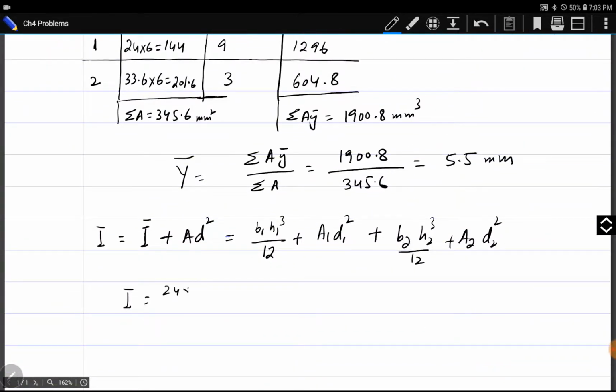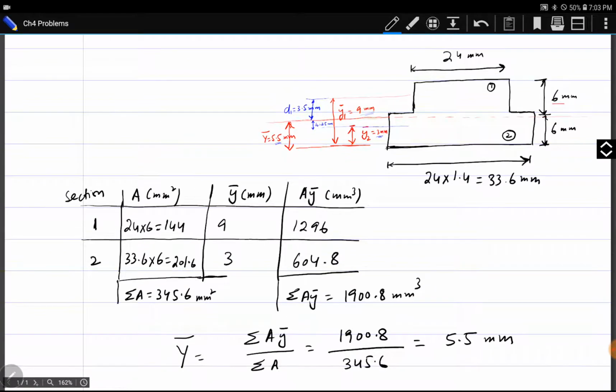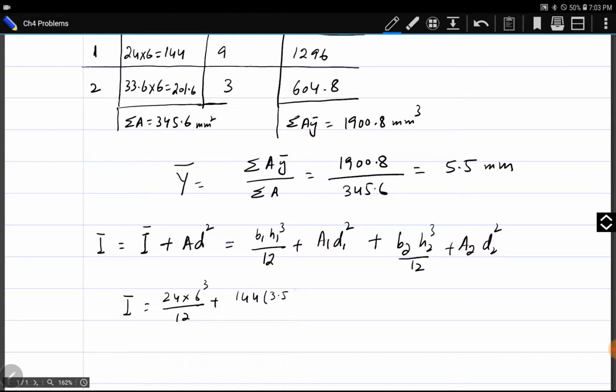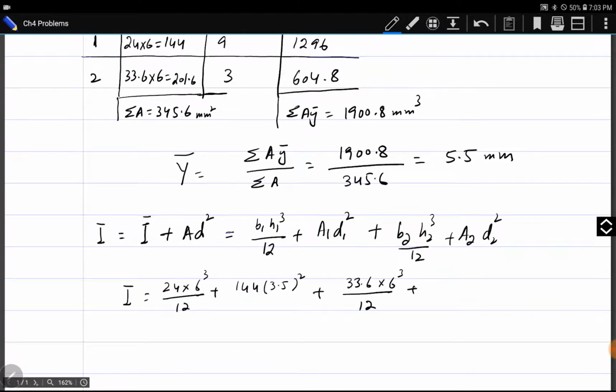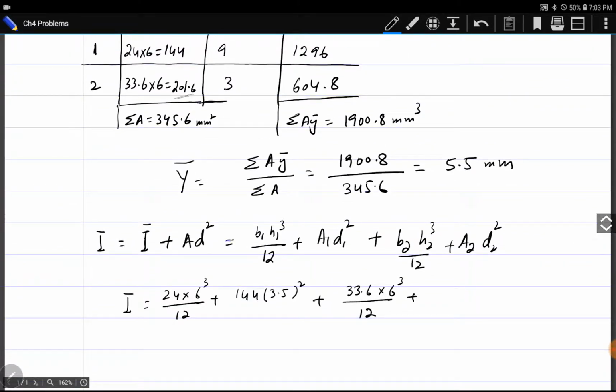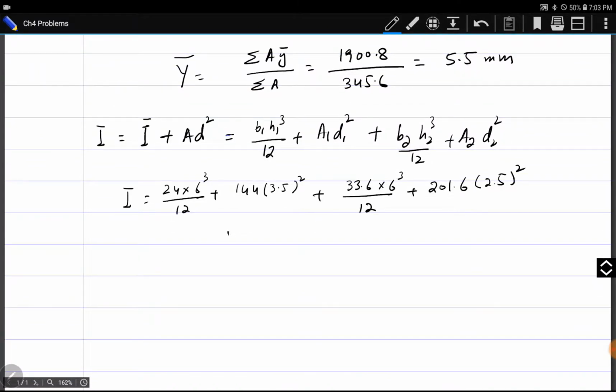So 24, height is 6 divided by 12 plus A1 is 144, D1 is 3.5 square plus B2 is 33.6 mm, H2 is also 6 divided by 12 plus A2 is 201.6 into D2 is 2.5.